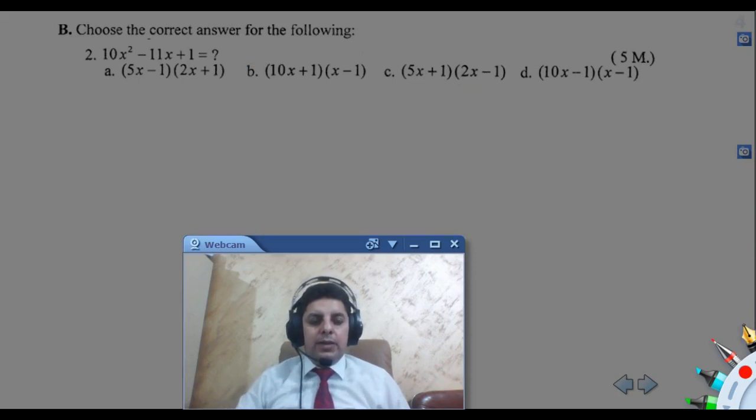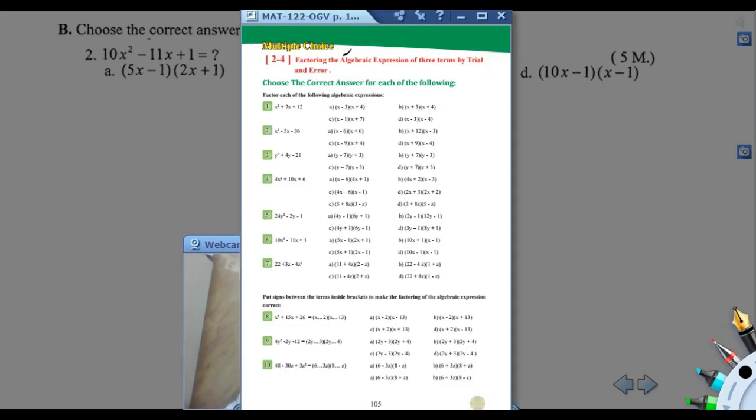By using experiment. That is a question from your book, from multiple choice, question 6, page 108.